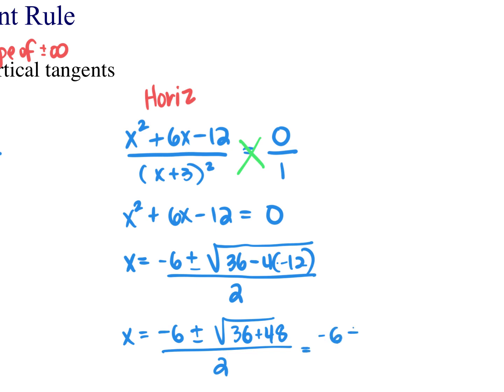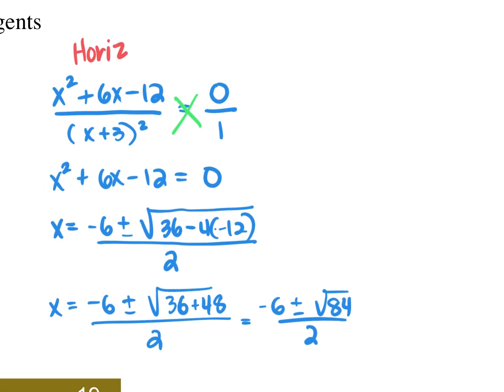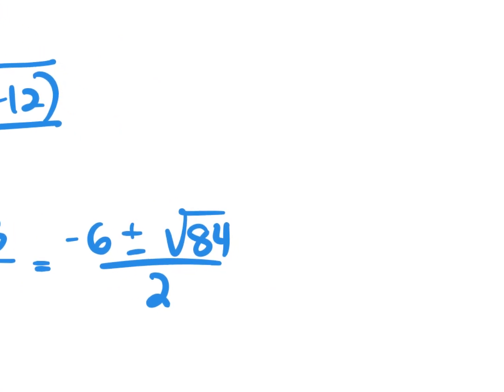Don't have to rationalize. Can't reduce the negative 6 with the 2 until you do something with the 84. You could simplify the 84, because 84 could be 2 rad 21. Then I could reduce that. Any equivalent answer works, so just leave it as is.